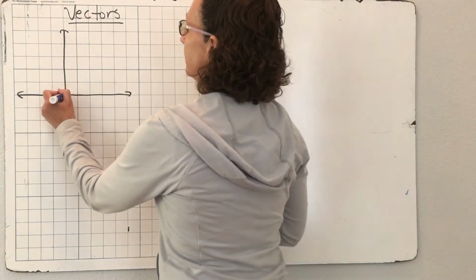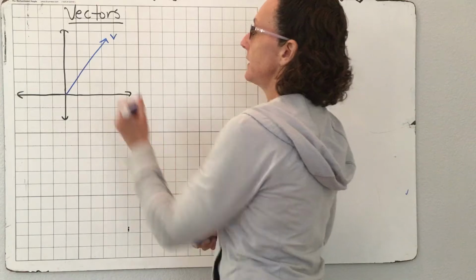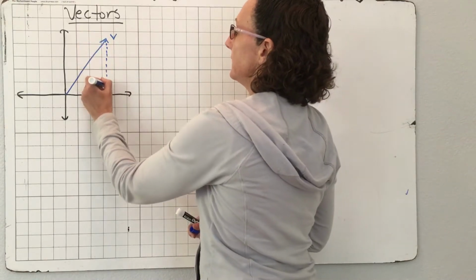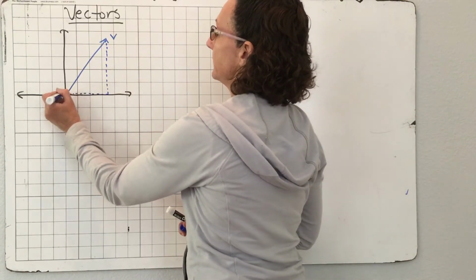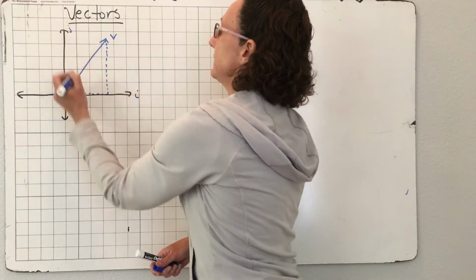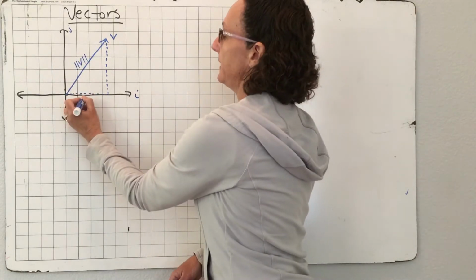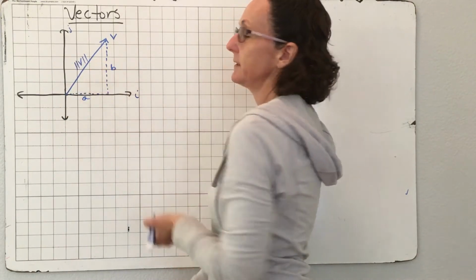Just somewhere in the first quadrant, I want you guys to draw a vector, call it V. Okay, and then draw a dotted line straight down and straight over. Okay, so using vector language, remember this is i and this is j. This would be the magnitude of the vector. This would be the A component, and this would be the B component.